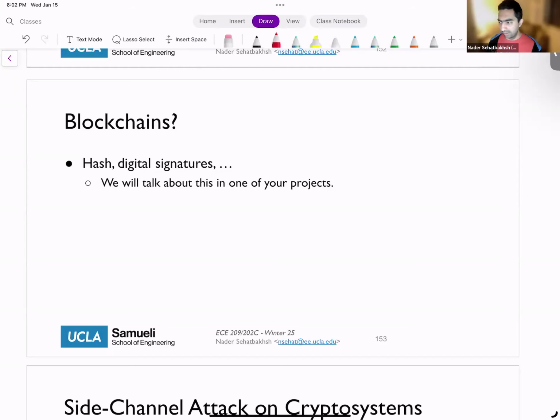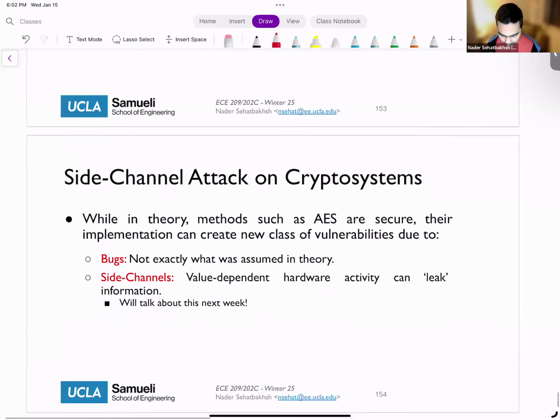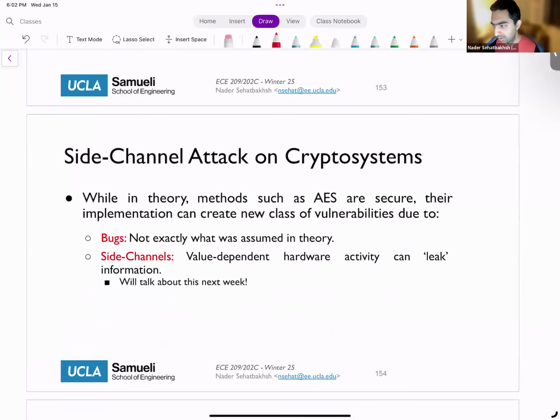We're going to talk about it later in the course. Second thing we're going to talk about later on is side channel attacks. What we discussed so far about the security of these systems is that these systems are secure if the internals of the systems are not leaked.